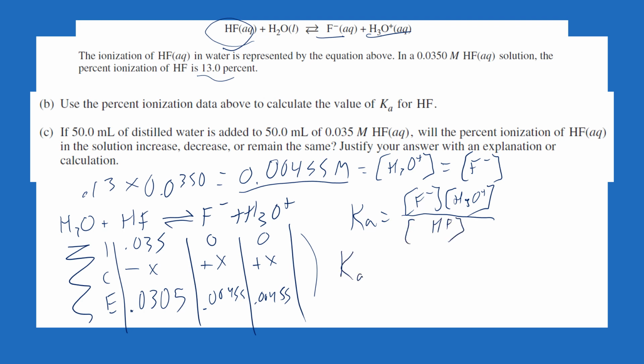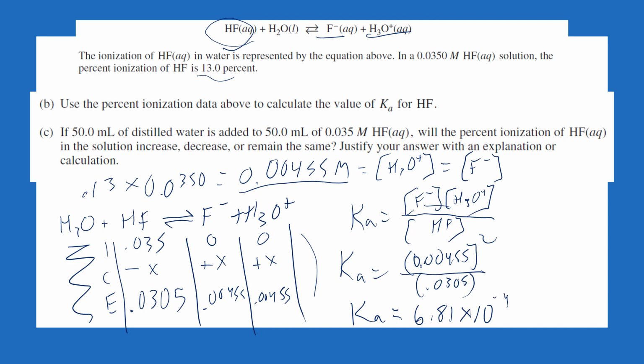And so Ka is equal to 0.00455 squared, because there's two of them, they're the same, over 0.0305. And when I solve for Ka, I get 6.81 times 10 to the -4th when that is all solved.